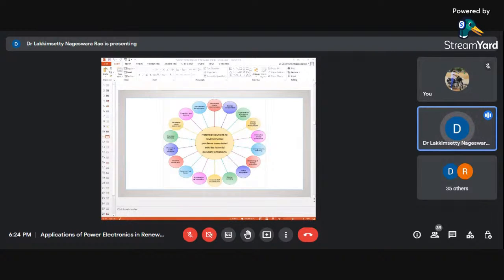Then only will it reach the public, especially the rural areas. If the rural areas grasp this, definitely it will spread like anything. This is the main area we need to concentrate on. Even though the town areas will listen, they may not implement it.